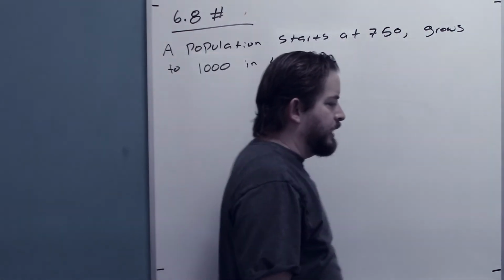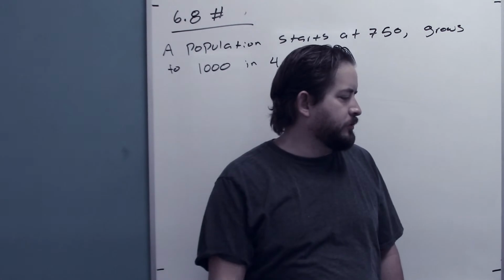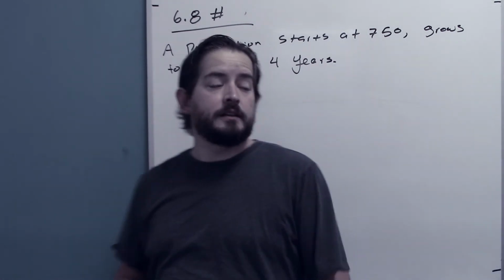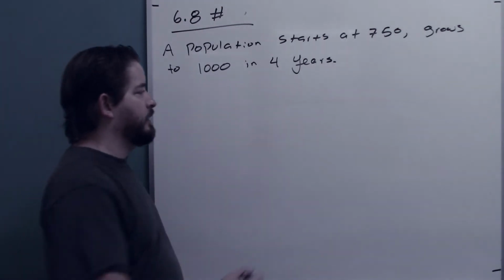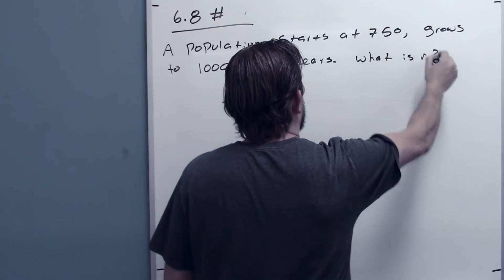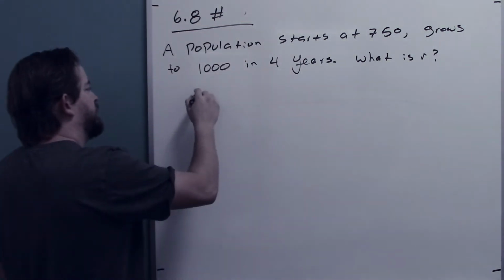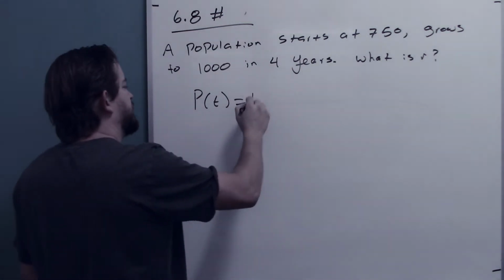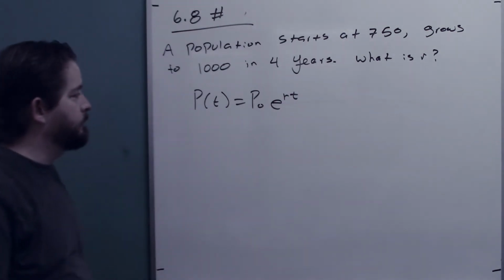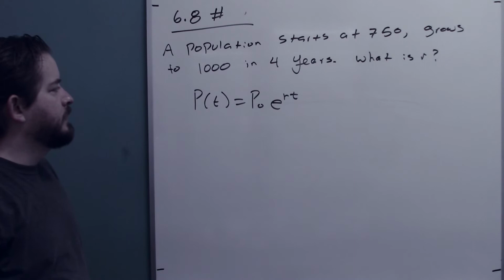Okay. And then there's a follow-up question here, find the growth rate R, find how long until the population reaches 2,000. We'll get to that in a second. The first thing I want to do is figure out what R is. And again, we're using this population as a function of time is equal to the initial population times e to the R times t. So what is R?